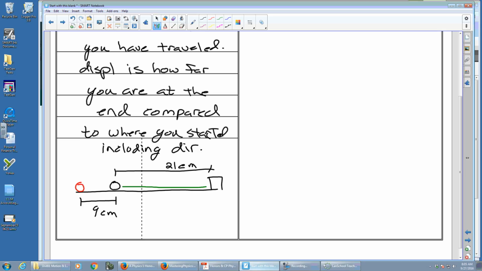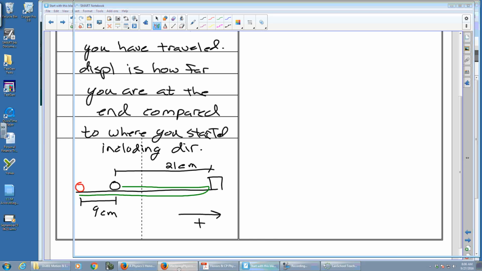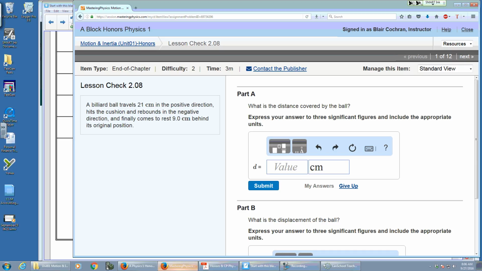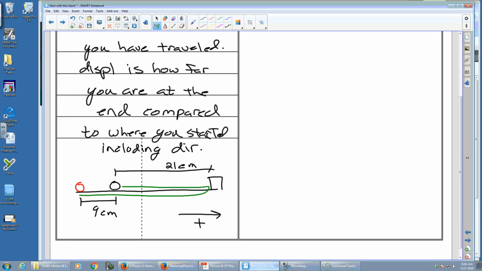The ball goes here, turns around and comes to here. Right? Ball goes down, and they defined this direction as positive. Well, it said it went 21 centimeters down, hit the cushion, and then bounced back and ended up 9 centimeters behind its original position. Oh, okay. So you saw it stopping in here. Yeah. No, 9 centimeters behind.